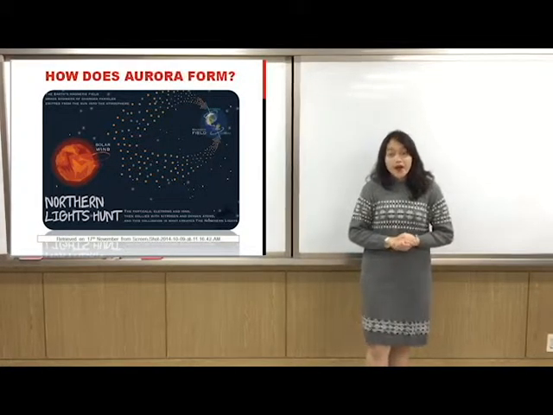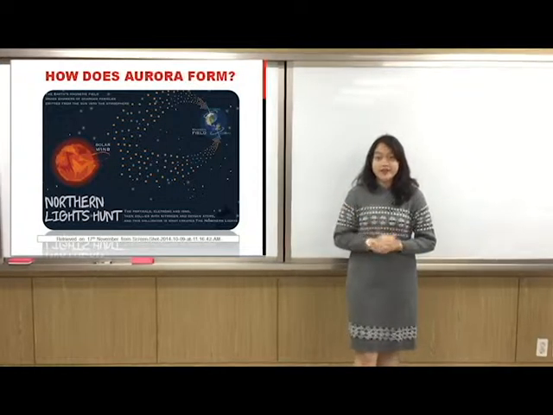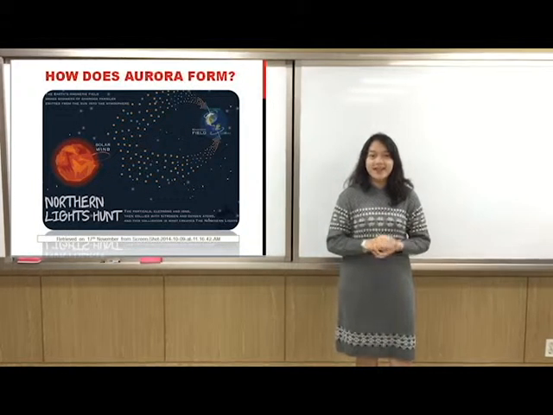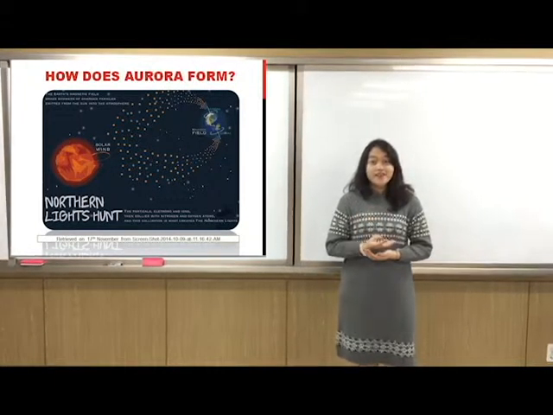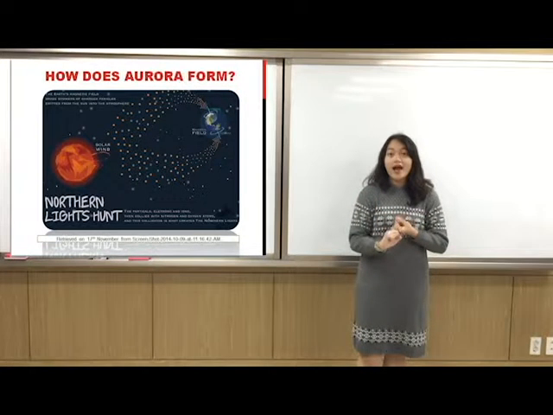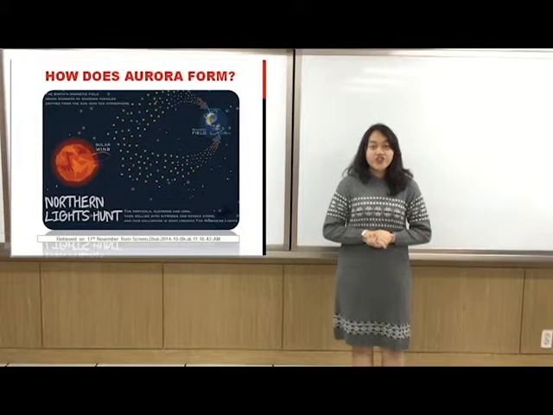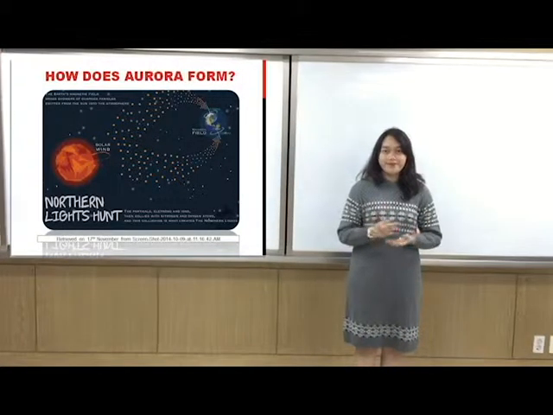The aurora forms from the Earth's magnetic field that drags showers of charged particles emitted from the sun into the atmosphere. The particles, ions, and electrons collide with nitrogen and oxygen atoms, and this collision is what makes the northern lights form.